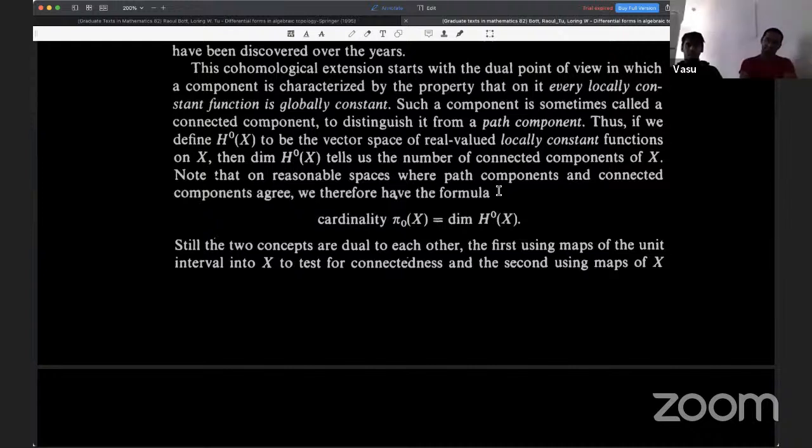Absolutely. There's a little bit of subtlety that I swept under the rug here that I think we shouldn't go too far into, because for every space a physicist is ever really going to deal with, the two notions of connectivity agree: path connectivity and general topological connectivity.